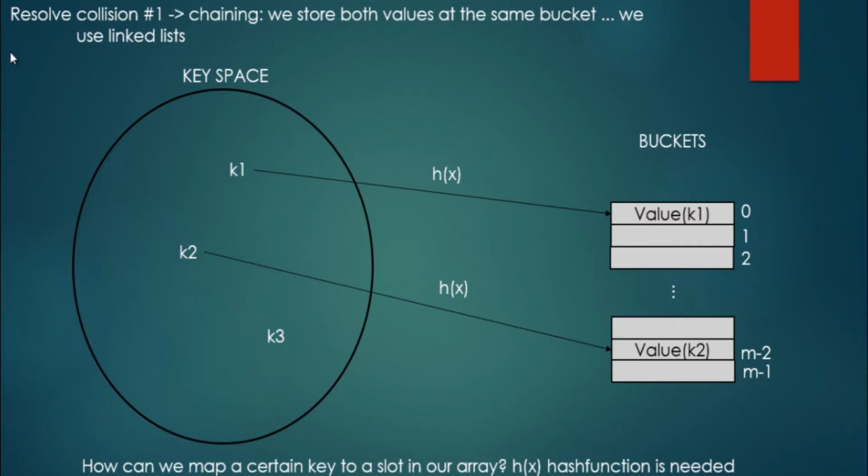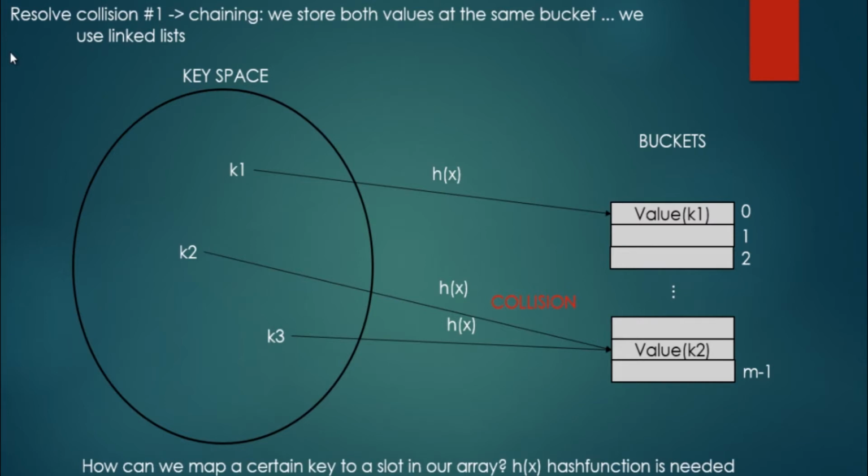Then for the key k2, with the help of the hash function, we come to the conclusion that we should insert it at the index m-2, and we insert the value of k2. Then we calculate the index for the k3 key, and it is a collision.